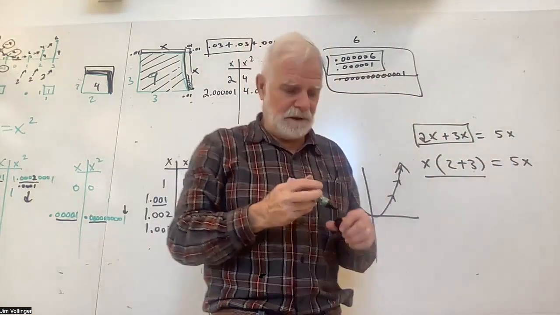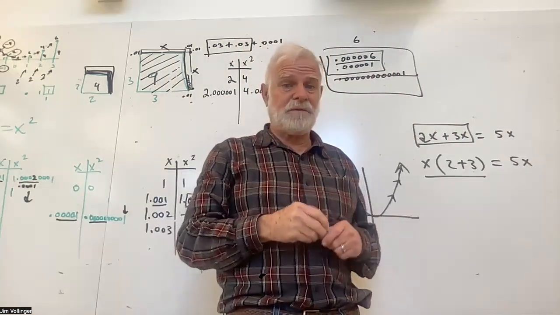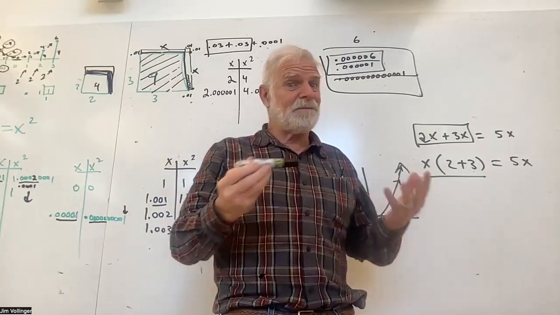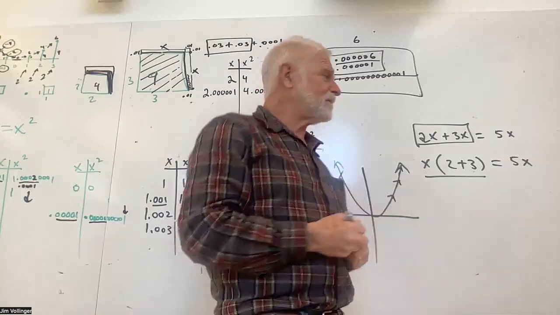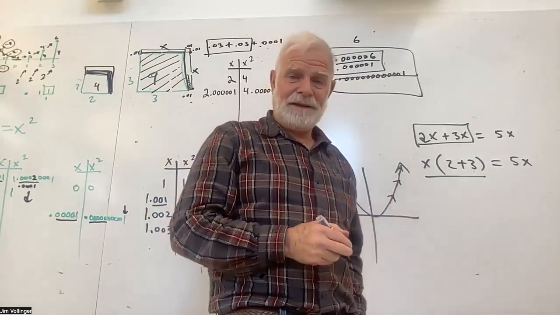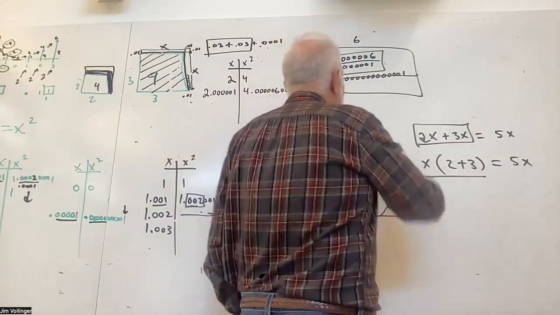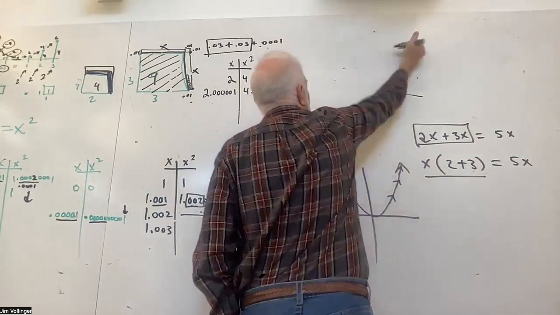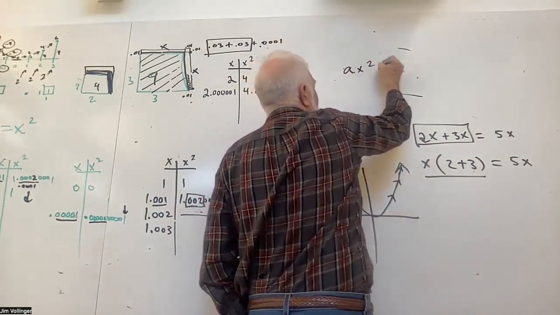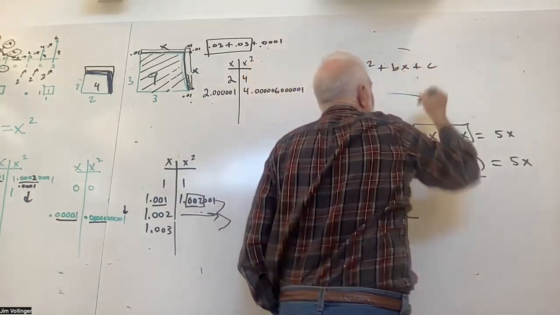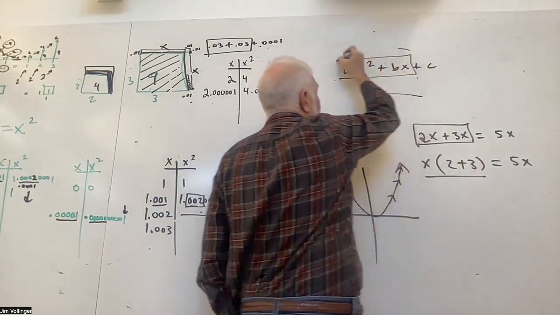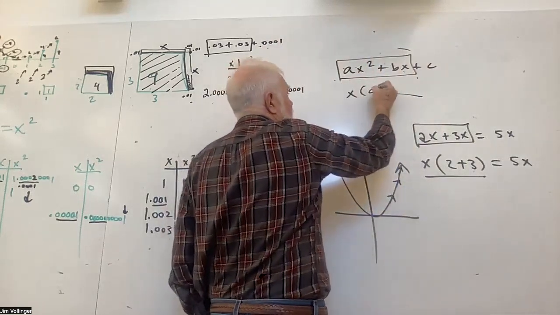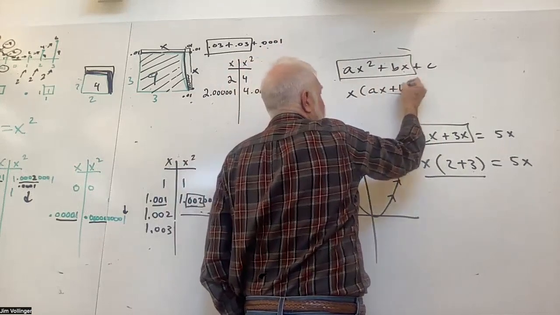In some of the earlier linear videos, we've talked about the importance of products equaling 0, and we're going to see that. We're going to be studying ax squared plus bx plus c, and I can write this as a product: x times ax plus b, plus c.